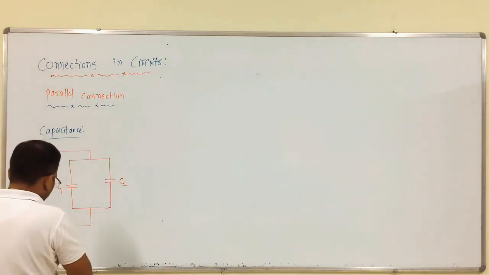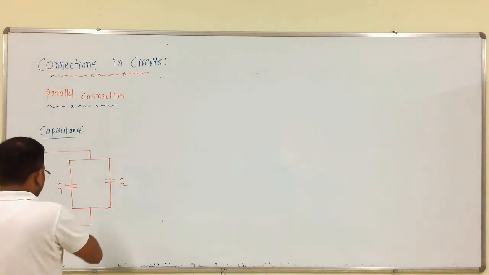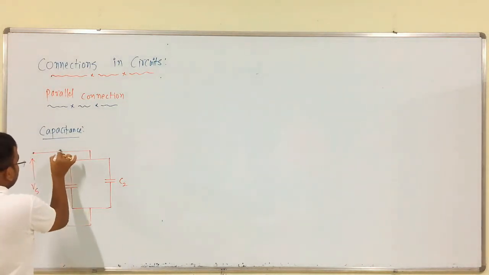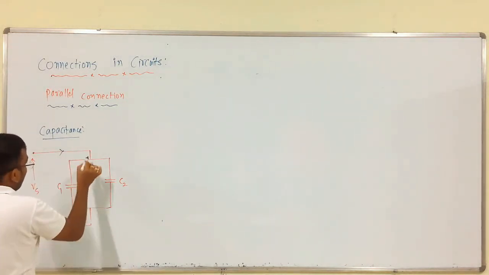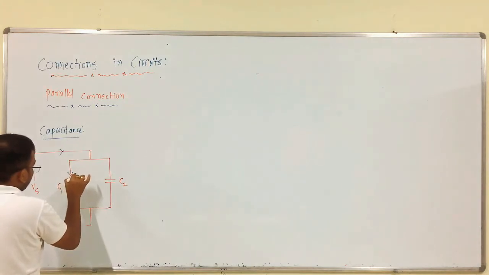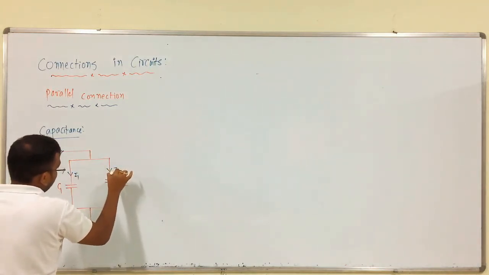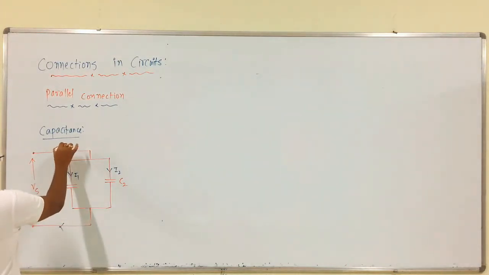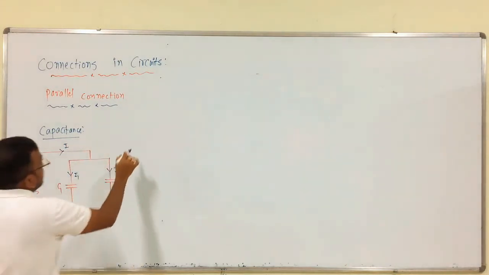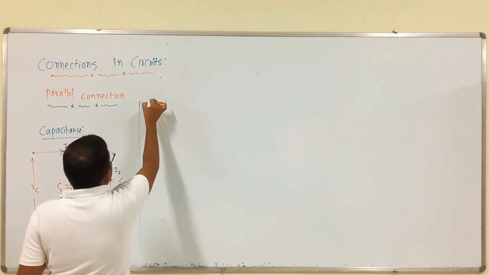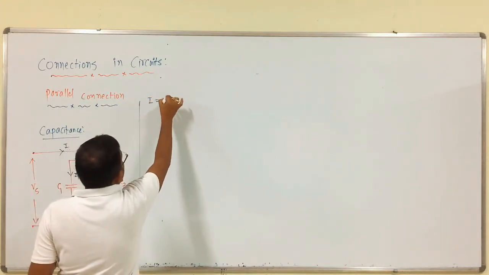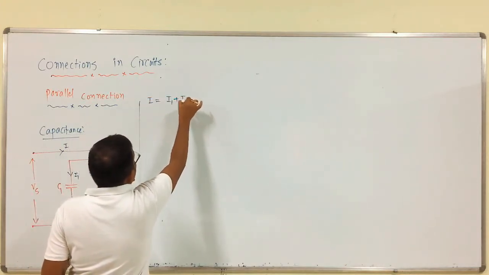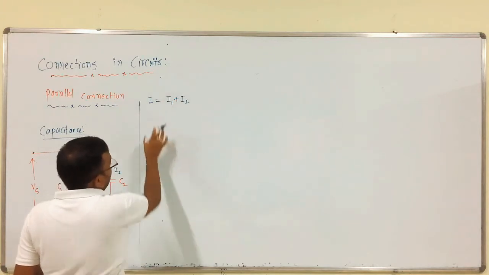You should be careful while doing the capacitance calculations, because this is the only different phenomenon. See, the current is I, this is I1, this is I2. Therefore, in parallel branches, I1 plus I2, if you consider two capacitances in parallel, by KCL.